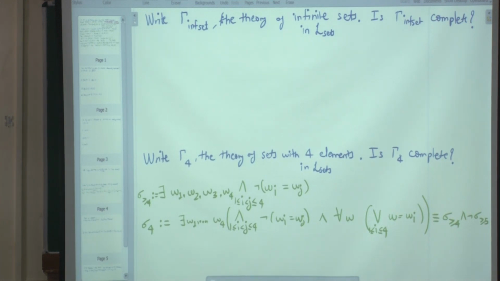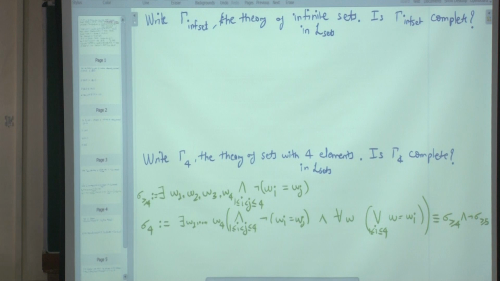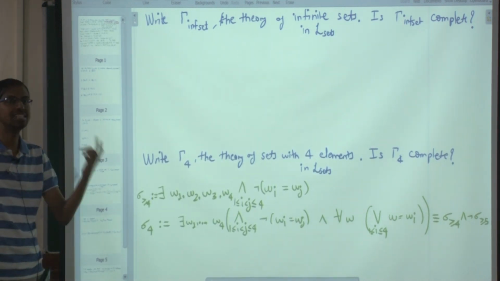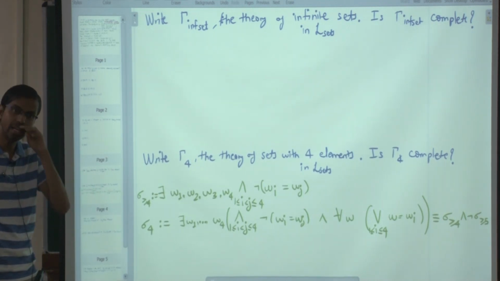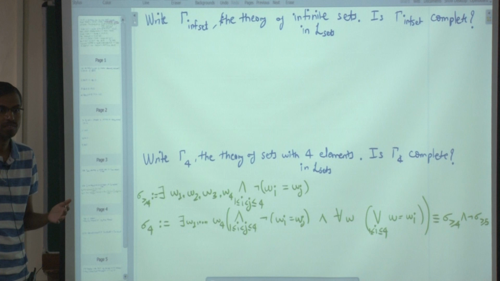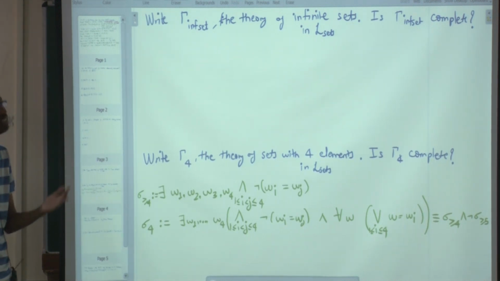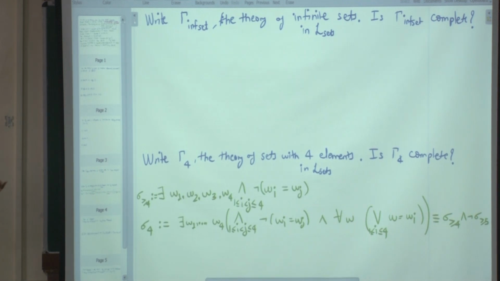Okay, so suppose, what do you have to show? For 2 different sets containing 4 elements, can you really say 2 very different things? Any 2 sets with 4 elements are in bijection with each other.